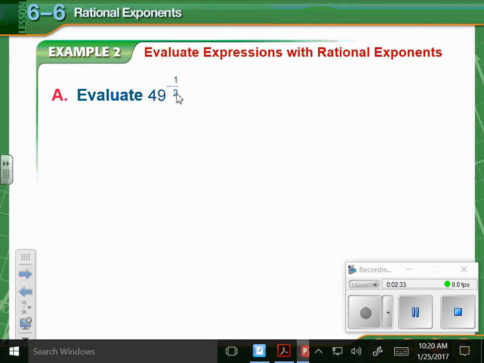49 to the negative 1/2 power. Well, address the negative first. In this case, a negative exponent moves an entire number from the numerator into the denominator of an entire fraction, based on the rules we had earlier in chapter 6.